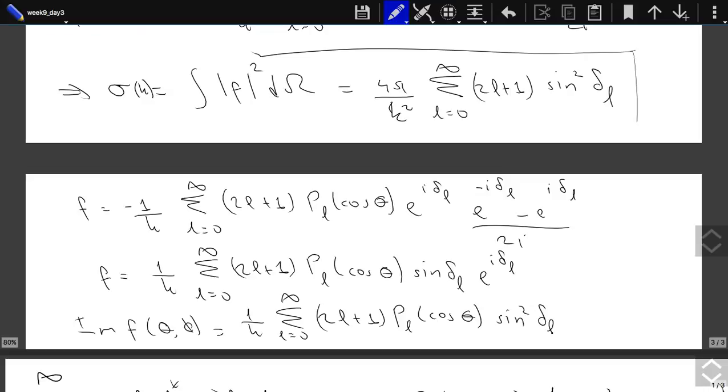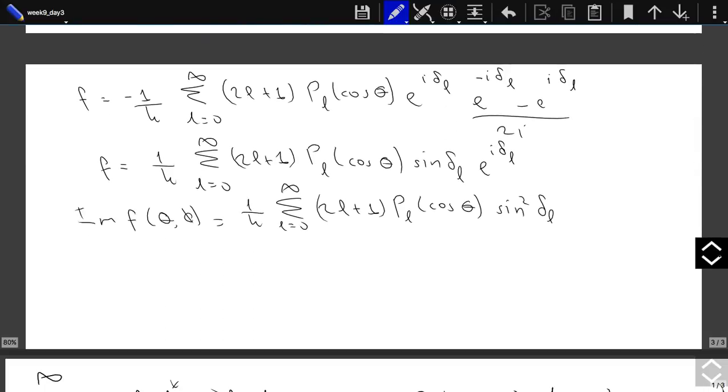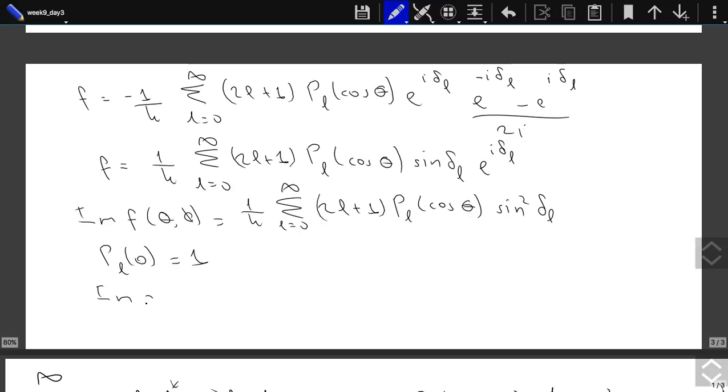Well, if it wasn't for this P_L of cosine theta, we would have the total cross-section. But you see, P_L of 1 is 1. So if you take the imaginary part of f at zero scattering, this is equal to 1 over k, sum over L from 0 to infinity of 2L plus 1 sine squared delta_L.